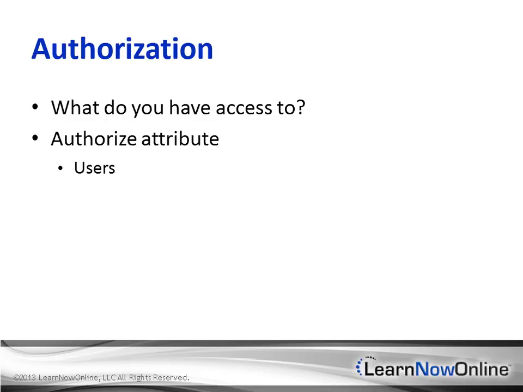One of the things we can do in the authorize attribute is specify a list of users. So if you have a particular controller action perhaps, or an admin section, and you only want one or two specific users to use it, you can specify those usernames in your authorize attribute, and it will limit access to just those specific usernames.